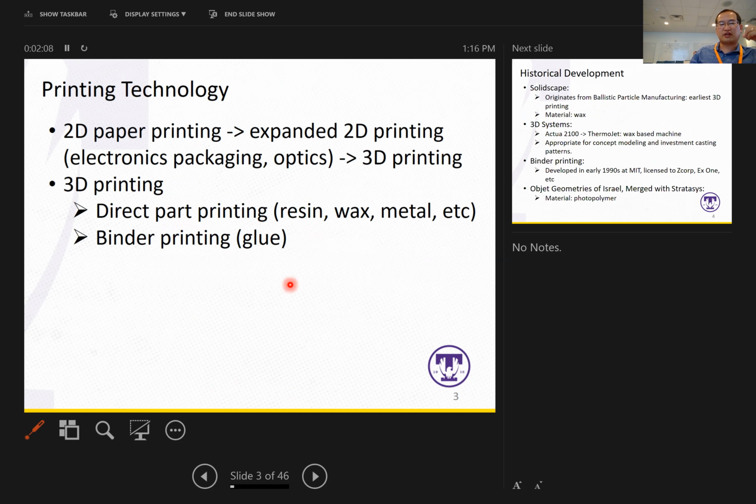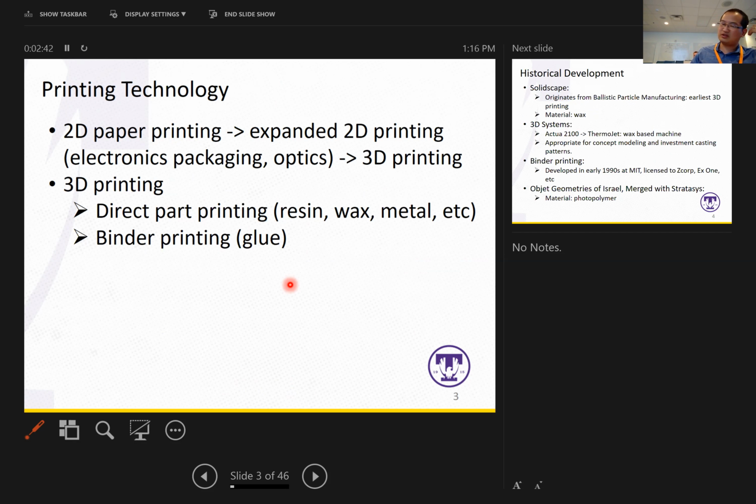At first we had 2D printing invented, and then some researchers expanded the idea by introducing more features, like electronics, conductive wires, electronic ink, and optical material, and so on, onto this 2D printing. And then they came up with the idea of 3D printing. Basically, they build one layer upon another one.